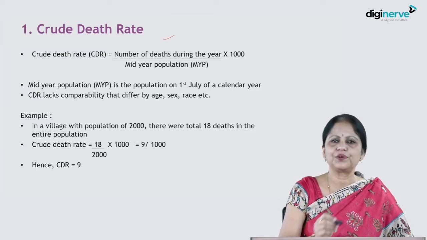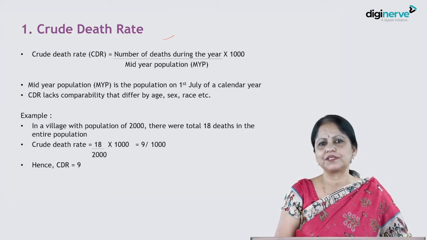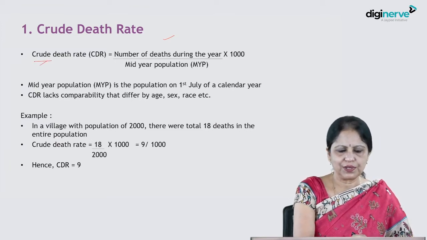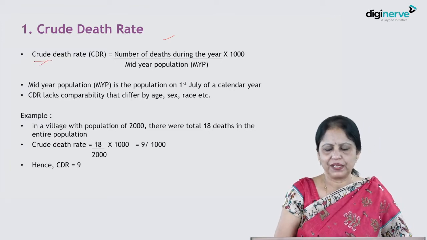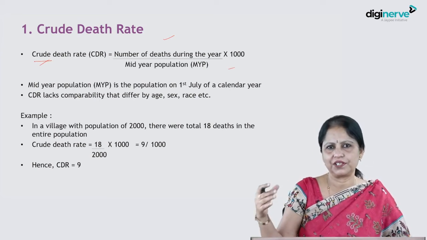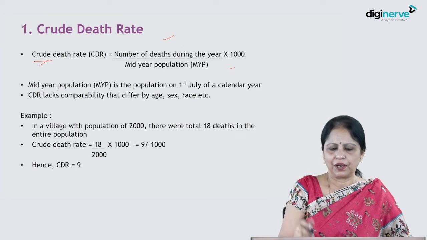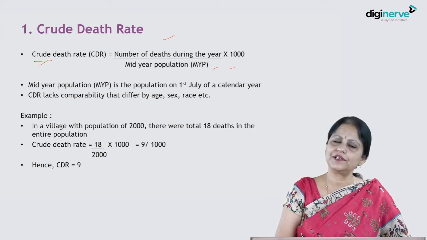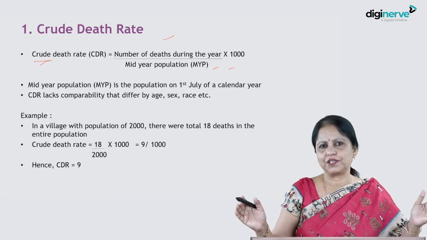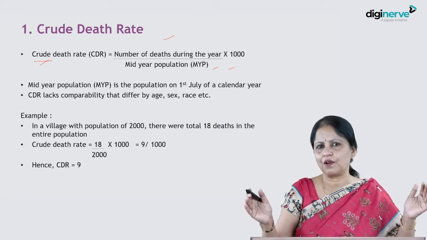First of all, crude death rate, which is the most basic mortality indicator, and it is crude, as you can understand from the term. It is calculated as the number of deaths occurring in a population in a given year divided by the total mid-year population. The mid-year population is the average population over the year, because a year is a long period.